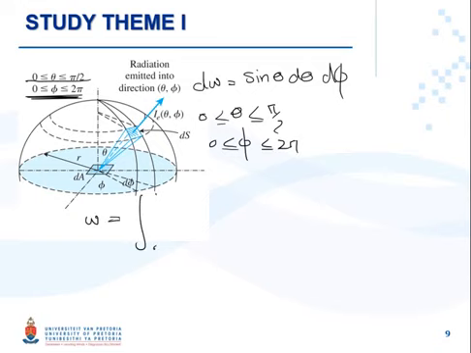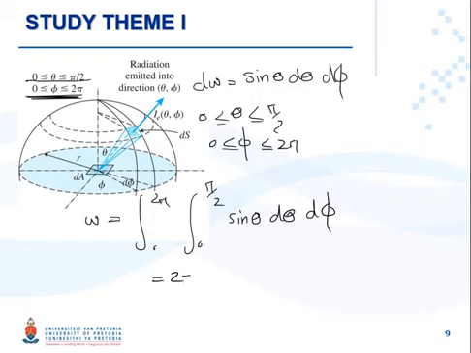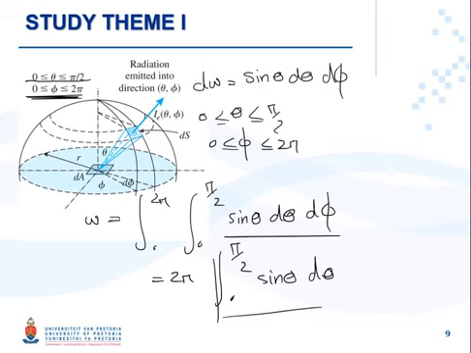The integral from 0 to 2 pi, 0 to pi over 2, of sine theta d theta d phi. So d phi gives 2 pi, times the integral from 0 to pi over 2 of sine theta d theta, which we know is equal to 1, so 2 pi steradian. So the solid angle associated with the entire hemisphere is 2 pi steradian.